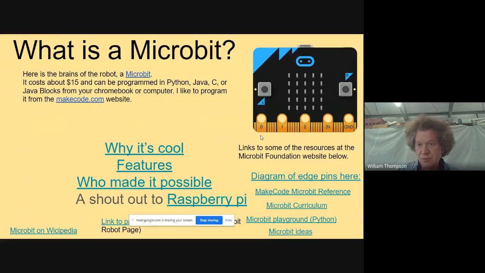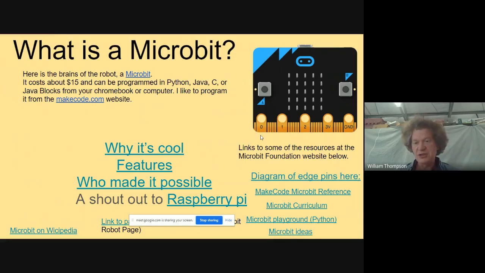Micro:bit is a little programmable device. This is really one of my favorite devices to introduce students to computer science with. They're only about $15 or $16, and a student can just plug one of these into their Chromebook and be up and writing code in just a few minutes using a website called Make Code, sponsored through Microsoft.